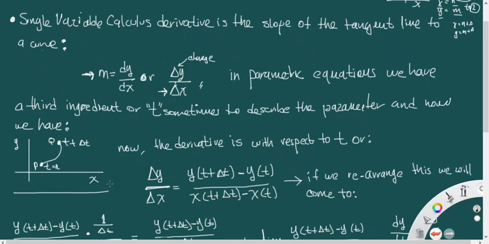And now we have this type of expression. If you see here, we have this x-axis, and we have this y-axis, and this is any relationship between x and y with respect to t.